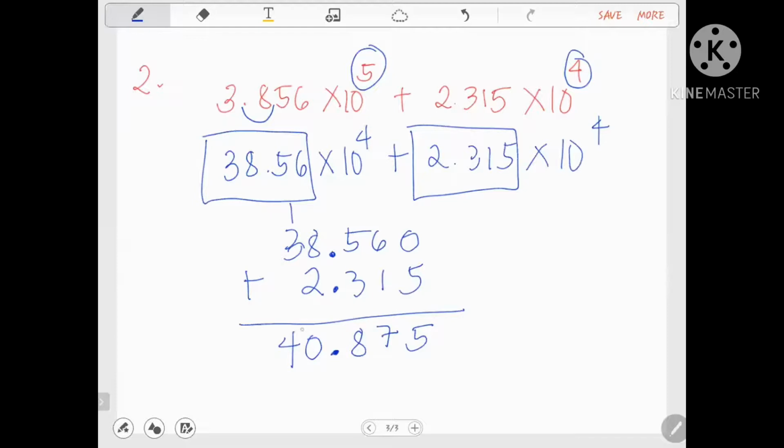40. So since this is 2 digits, you're going to make it what? 1.